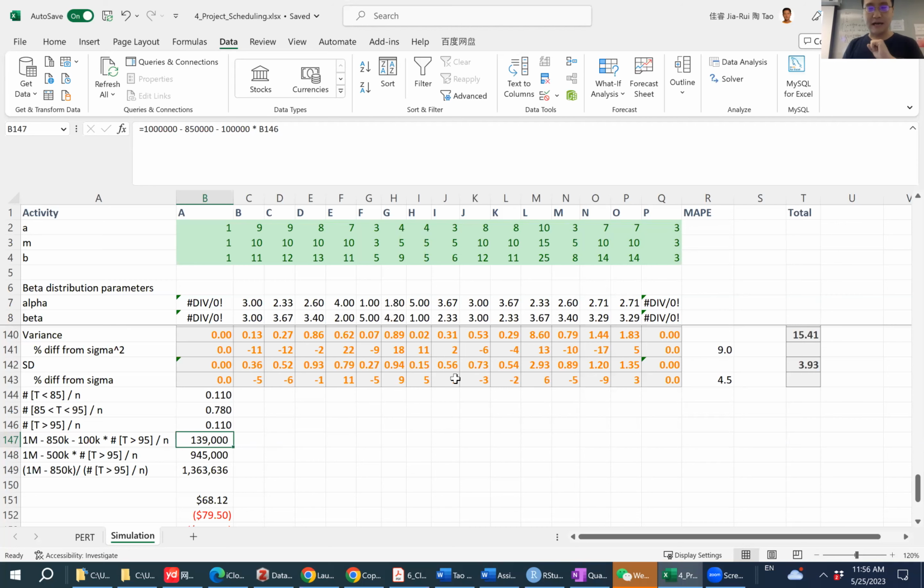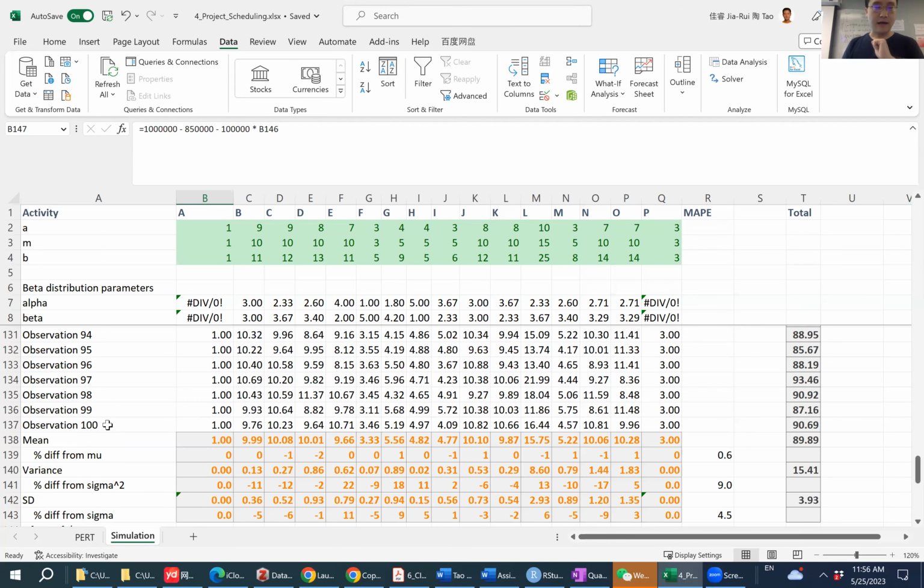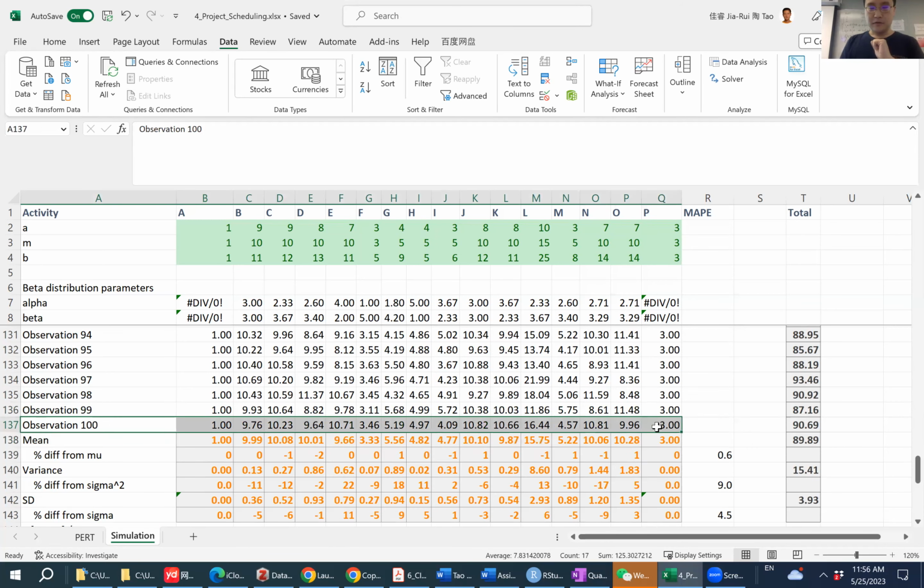Imagine that I increase the sample size to create many rows, 20,000 rows. Then that's how I can have a very accurate estimate out of a simulated sample.